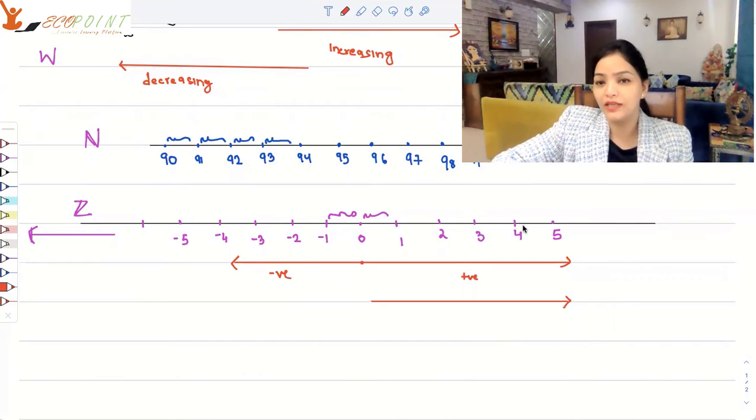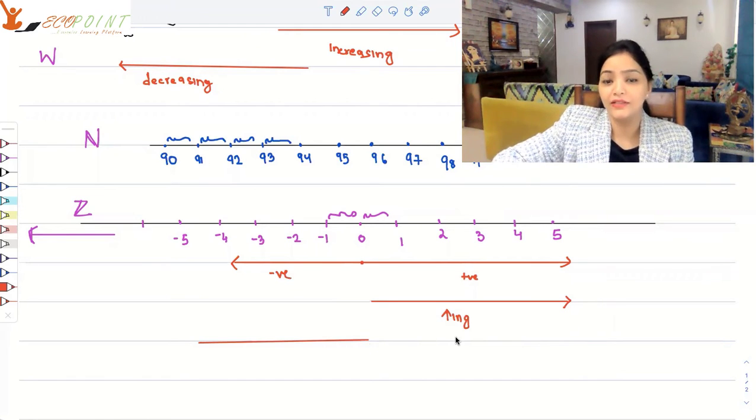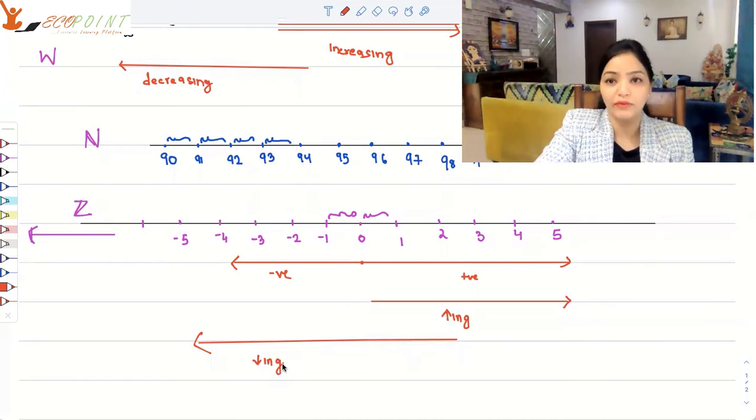Every next number is bigger than the previous number, and because the length from 0 of that number is more, the value becomes higher. So it's increasing this side and decreasing this side. 0 is lesser than 1, 1 is lesser than 2, and so on. That's an important thing that you should always keep in your mind.